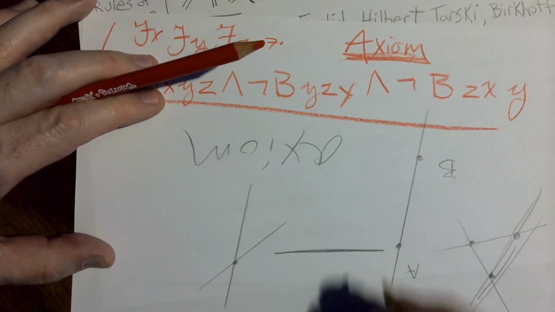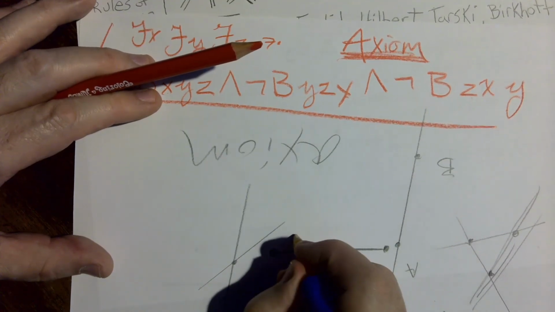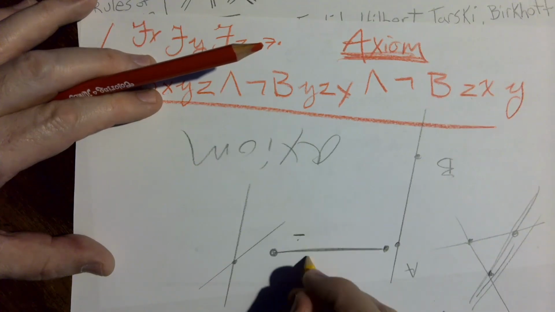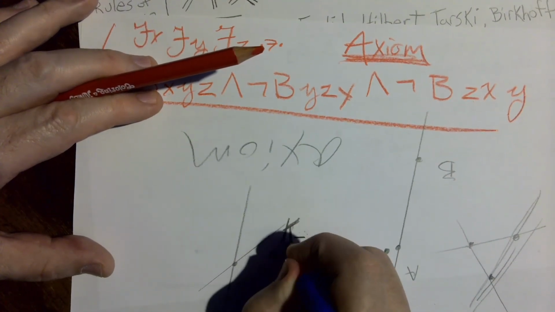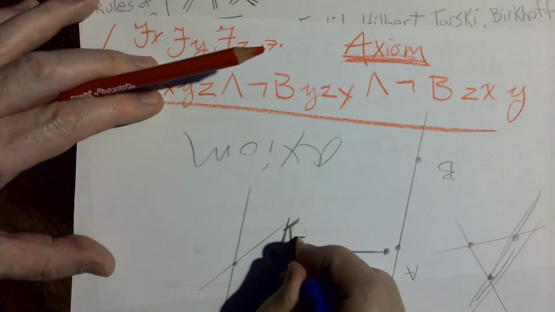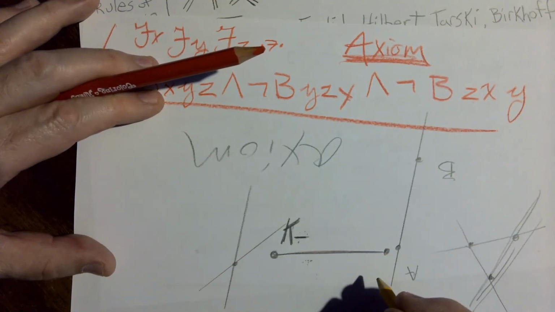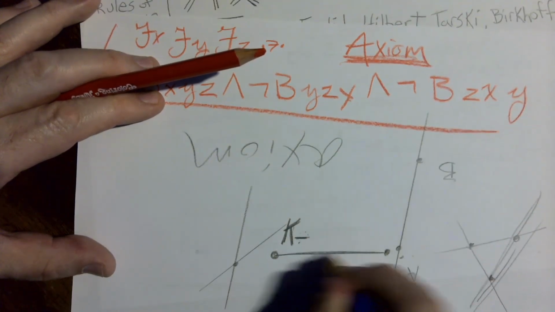If you have the length of something, however long that line is, and then maybe you have a smaller one, no matter how small this is, and no matter how big this line is, when compared to each other, you can always get a big enough number k, so that k of these little things, these dashes, however small they might be, will always be longer than this big thing. It's Archimedes' axiom.